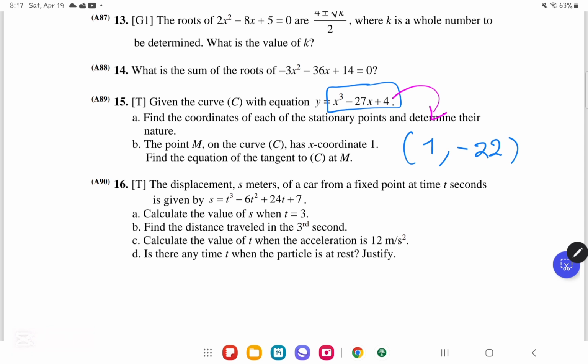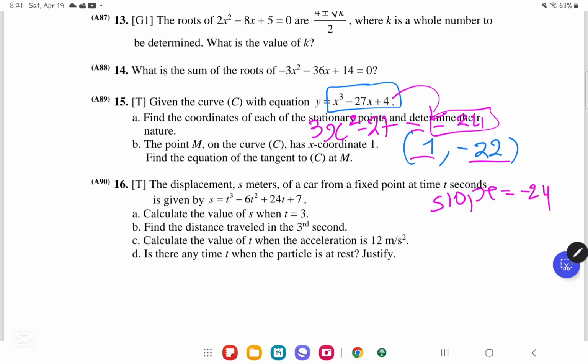The derivative is going to be 3x squared minus 27. So put it in your calculator: 3 times 1 squared minus 27. You're going to get that the value of your slope is minus 24.